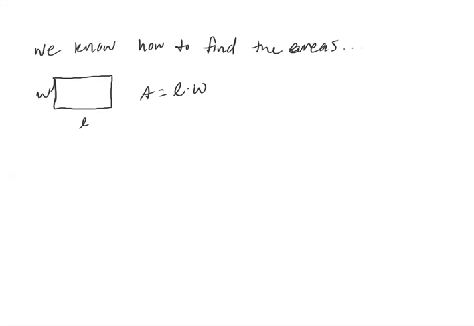Very similarly, if I'm given, say, a triangle such as this, with a certain height, call that h, and say the length of the base is b, then I have a formula that allows me to calculate the area of that.